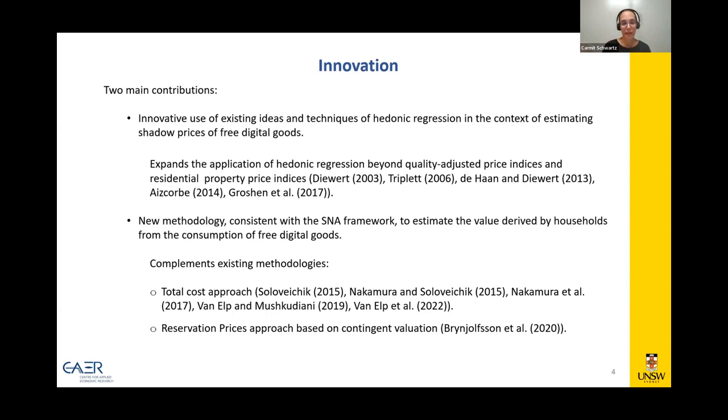I note that contingent valuation based studies are problematic in terms of being consistent with the national accounts. Now, most of them concern the estimation of demand curves and consumer surplus, and they also focus on the possibility of incorporating welfare measures in the national accounts by expanding the current definition of GDP.